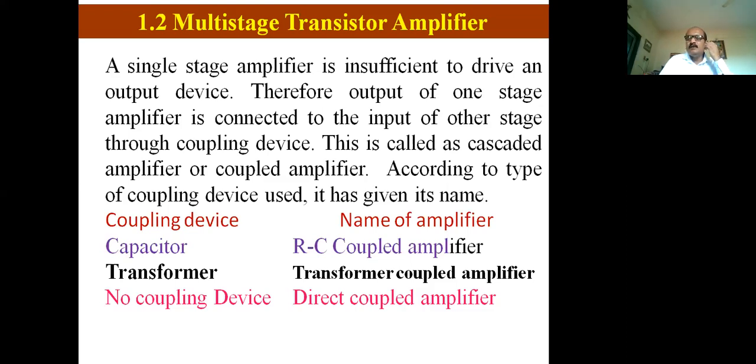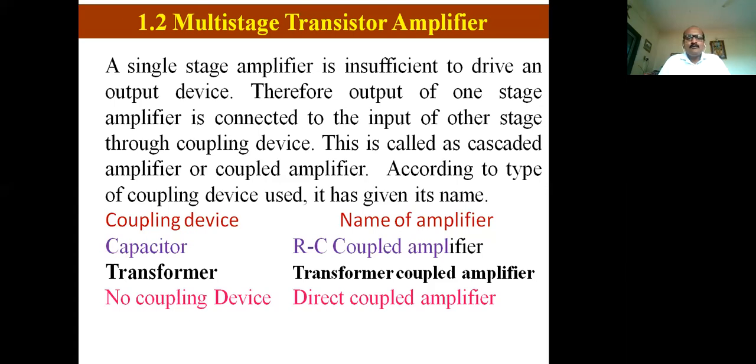If we connect the output of one amplifier circuit directly to the input of another circuit through a wire, there is no coupling device. Then it is called a direct coupled amplifier.